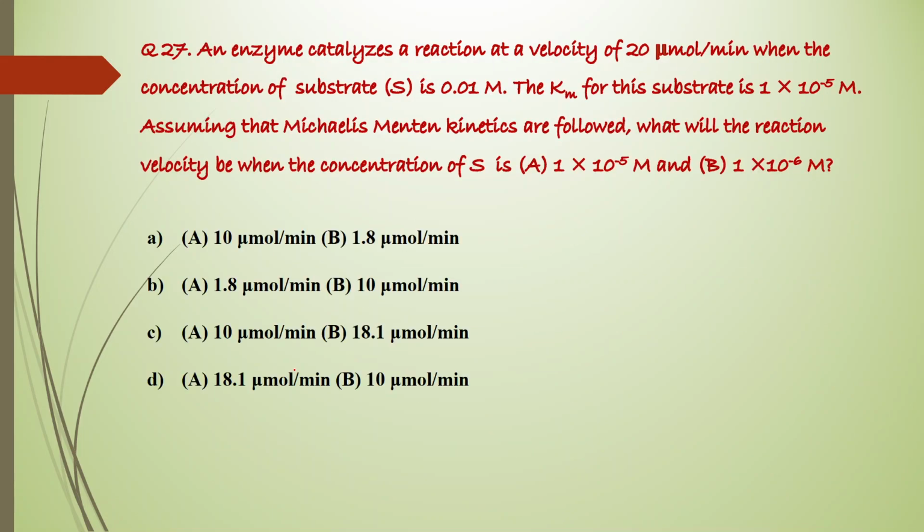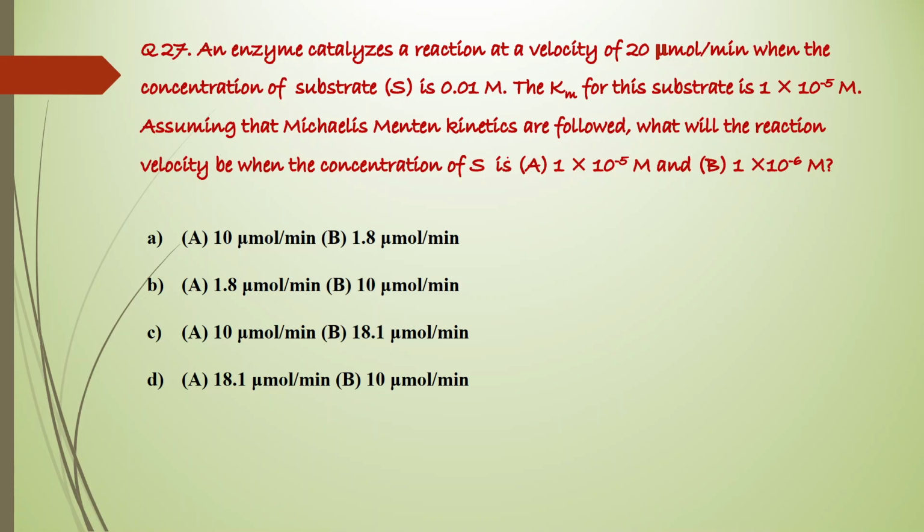Moving to the next one. It is a mathematical question again. It states, an enzyme catalyzes a reaction at a velocity of 20 micromolar per minute when the concentration of the substrate is 0.01 molar and Km for this substrate is 1 into 10 to the power minus 5 molar.